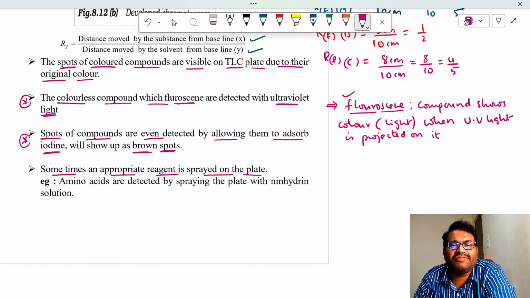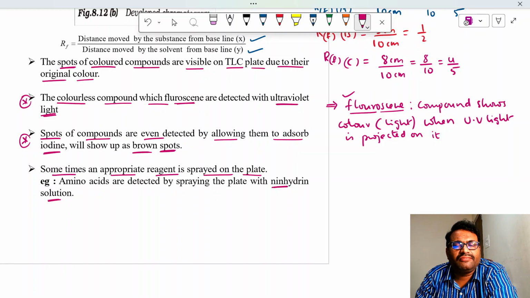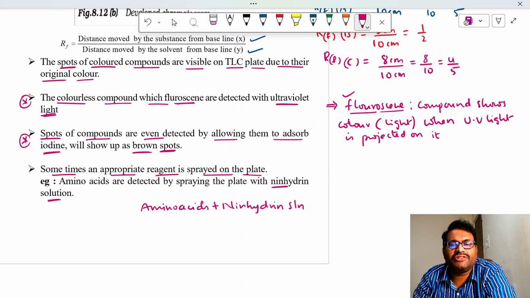Sometimes amino acids will be there. Amino acids can be detected by spraying ninhydrin solution. Ninhydrin solution is yellow colored.